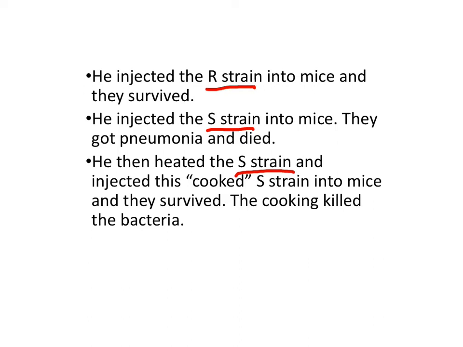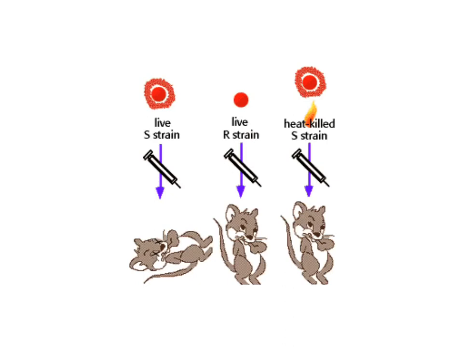He heated it up and injected the cooked S strain into mice, and they survived. So he found that the cooking killed the bacteria. Here's a summary of that. The S strain kills the mice. The R strain does not. And if you heat up the S strain, they survive because the bacteria are killed by the cooking.